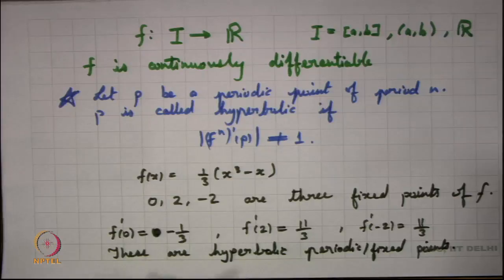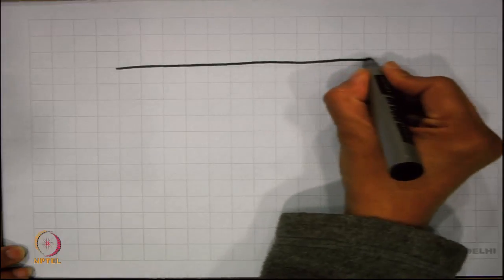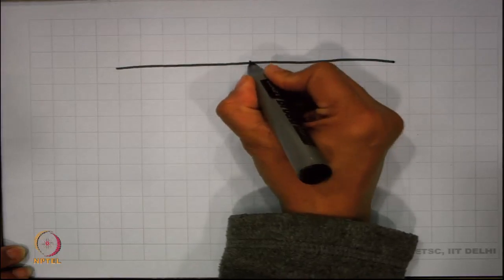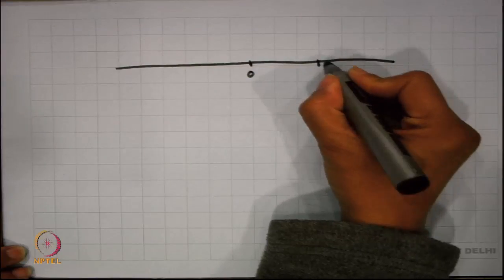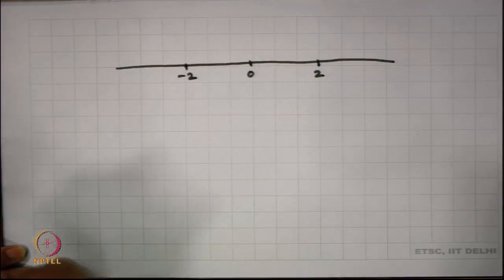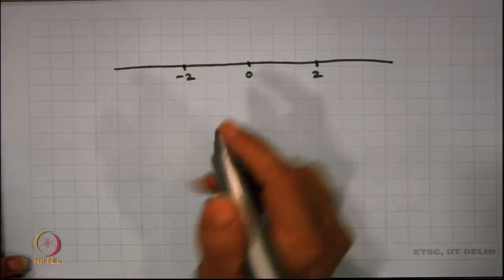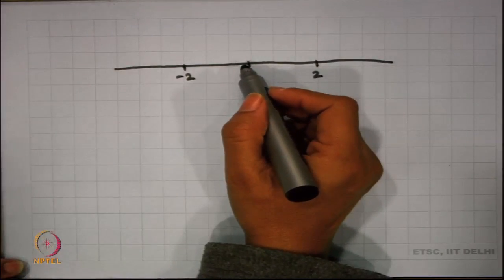We will look into the graphical analysis, or maybe the phase portrait of this function, and try to understand how the behavior is. So, let us draw the phase portrait of this function. I have a fixed point at 0, a fixed point at 2, and a fixed point at minus 2. At 0 it remains 0.